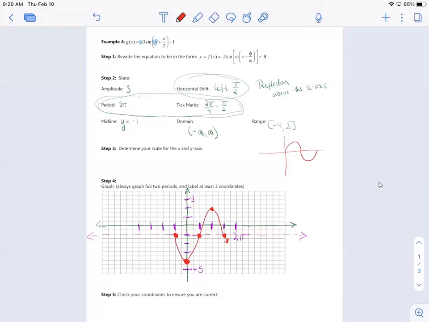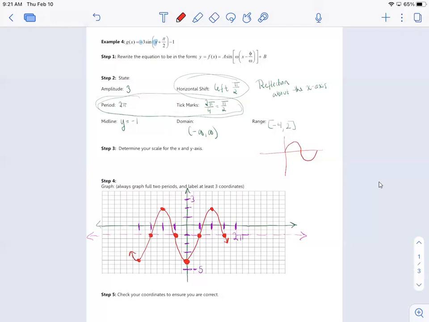So my next tick mark, if I'm at a midline here, since this was a low, I hit a mid, my next one has to be a high. My next one has to be a mid. My next one has to be a low. And remember, tell your reader that that's going back up.